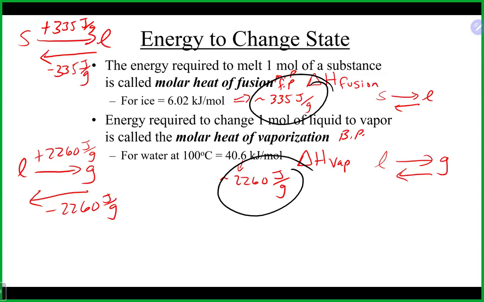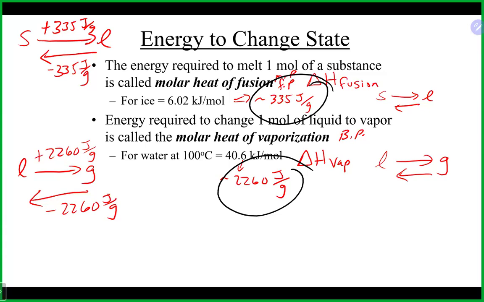If you think about it, as you go from solid to liquid, things are still relatively close to one another. But as you do the transition from liquid to gas, things are completely breaking apart and separating from one another, and that requires a lot more energy to get everybody away from one another. That is why it takes a lot more energy to go from liquid to gas than from solid to liquid, where they are still moving away but still relatively close to each other.